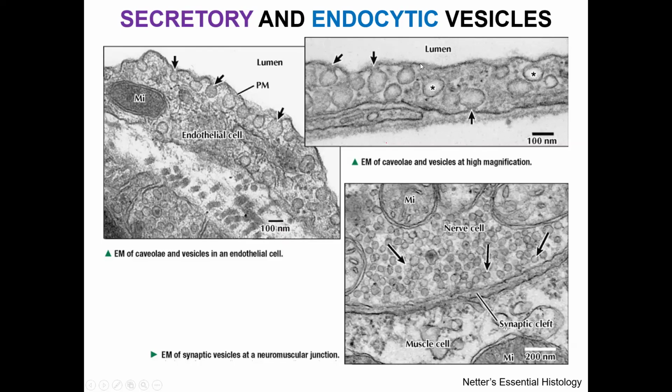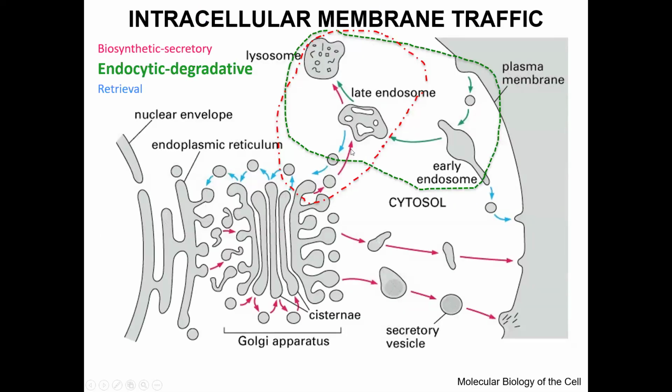However, if you see such vesicles that are attached to the plasma membrane, they may also be endocytic vesicles. The endocytic vesicle forms by invagination of the plasma membrane, and those vesicles detach from the plasma membrane and take material from the extracellular space inside the cell.